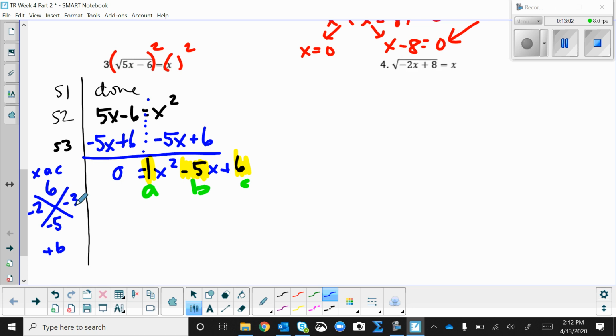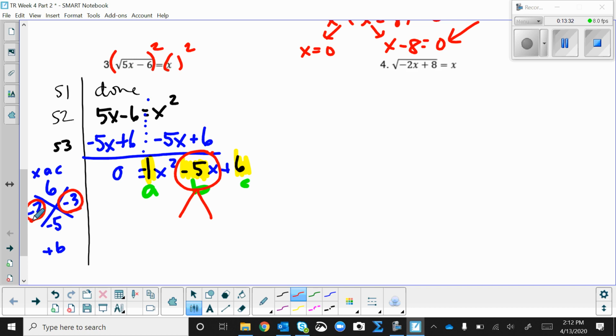I'm going to solve using grouping because most of you like that method. You are welcome to do the shortcut swing method if you like, but I'm going to do grouping. And grouping says we did this. We take this middle term and we rewrite it with these two coefficients that we found over here.